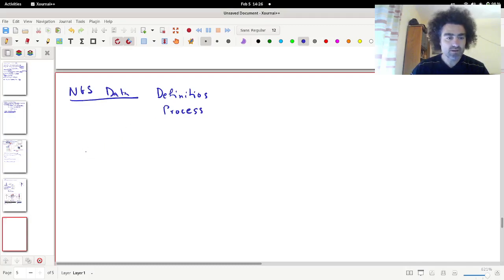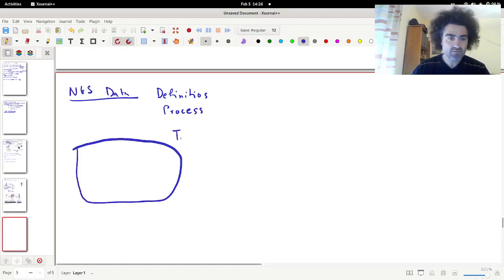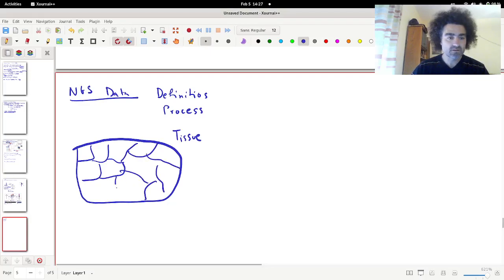So let's say that we have a tissue here. This is a tissue of an organism, and of course it has different cells. So these are cells.